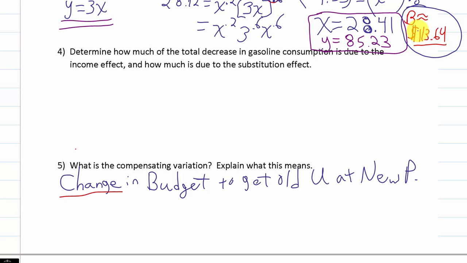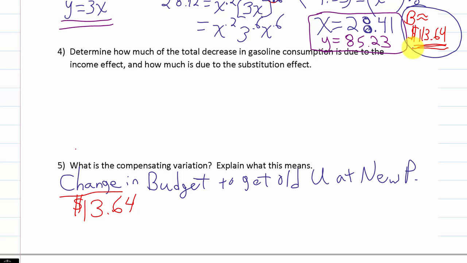Now we'd need $13.64 more. So the compensating variation is going to be this $13.64 difference in our original budget of $100 compared to our budget required after the prices to get us back to that old level of utility.